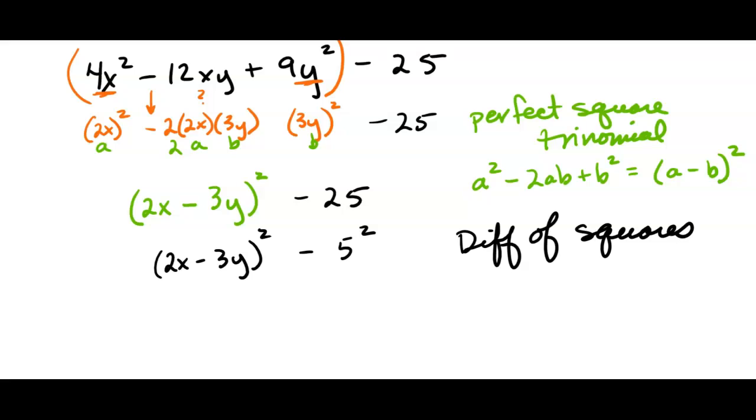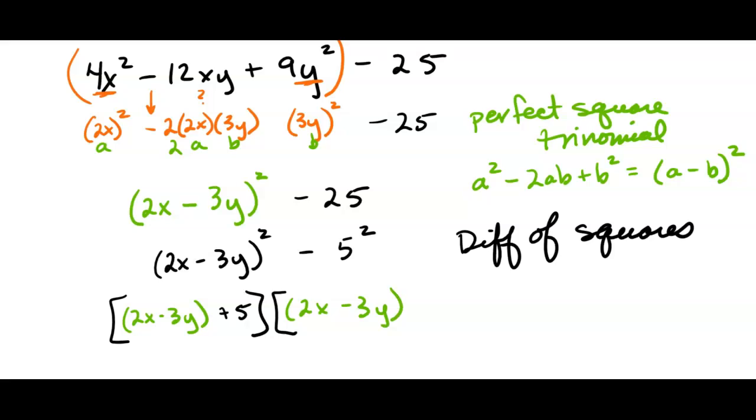And so I can factor it into, and how can I write this so you can see it? It's going to be the 2x minus 3y plus 5, and the other one's going to be 2x minus 3y minus 5.